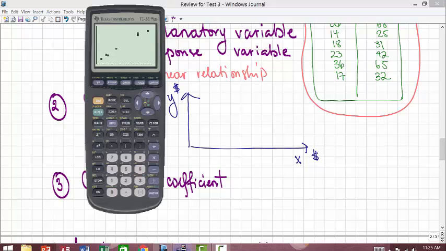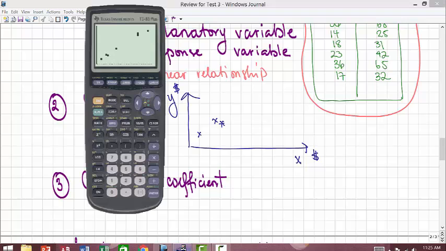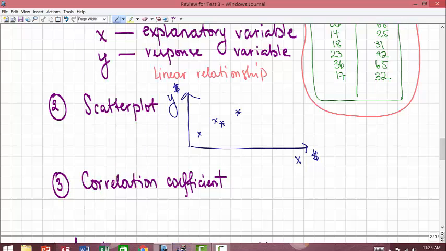Then what would you do? Just roughly put the points over here. So something like this, right? Here's another one here, and then 2 more there, and 1 more up here. So just a rough sketch would do it.